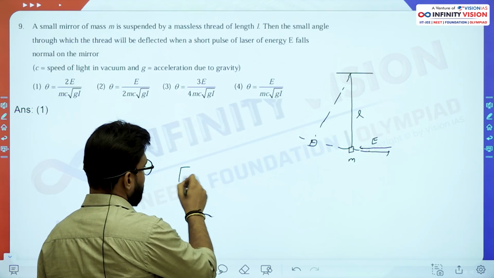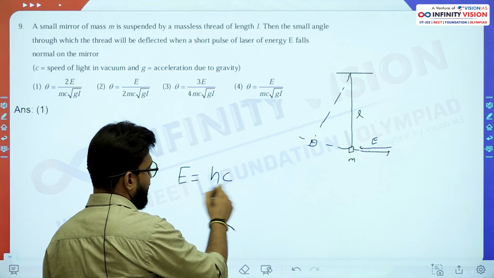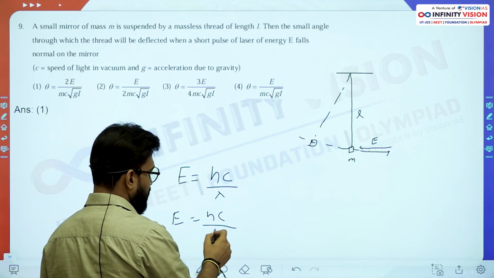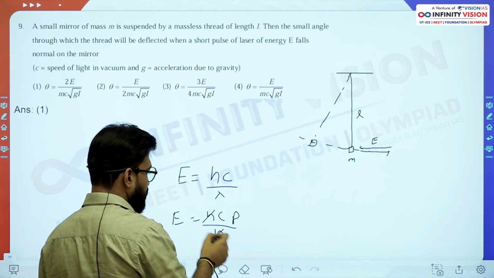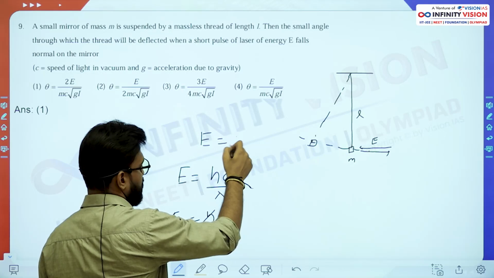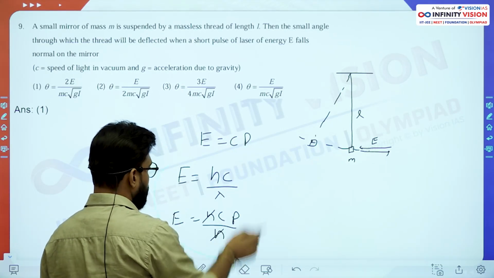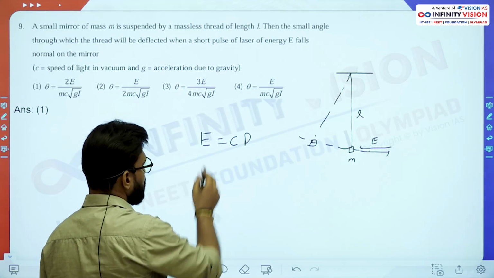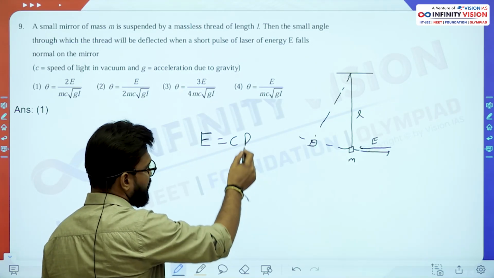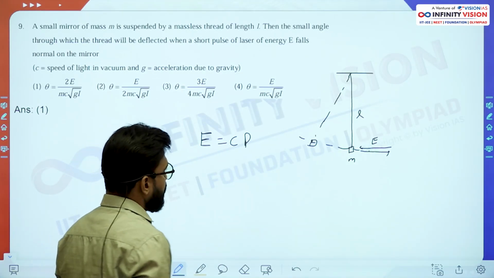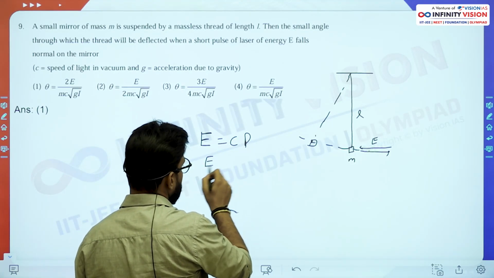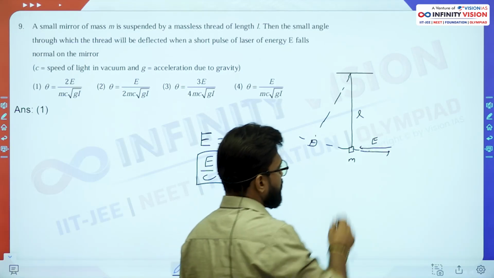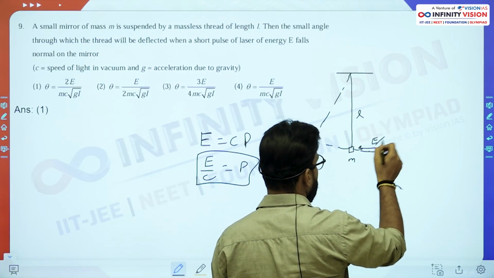So E, which we already know, is given by hc by lambda, and lambda is given by h by P. h will cancel out, so E is C times P. Energy is C times P, so E by C is the initial momentum. It will come with the momentum of E by C.